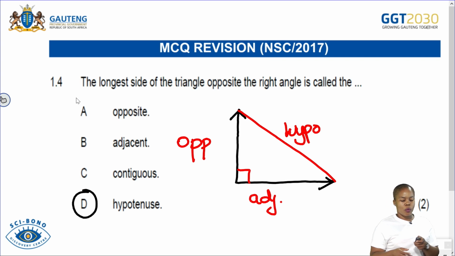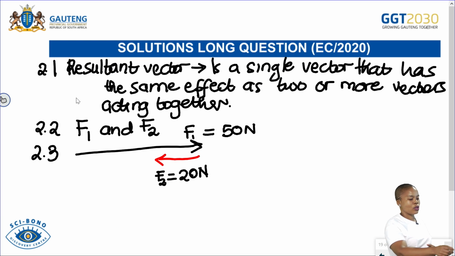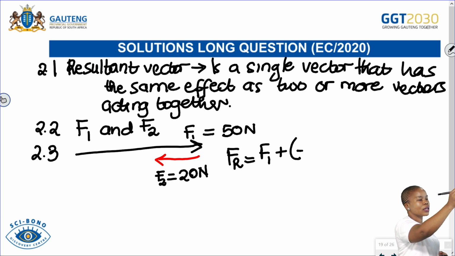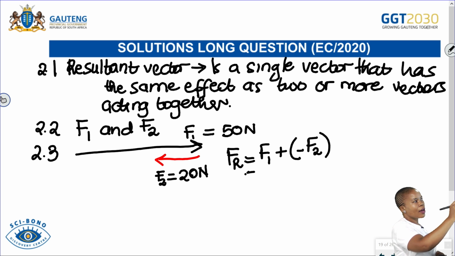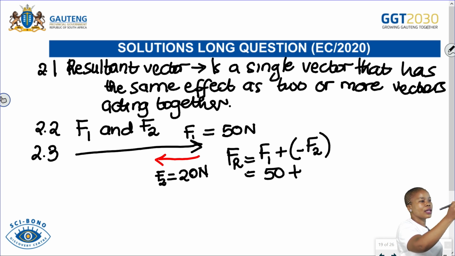So what is it that we're going to do? We need to find the sum of these two forces. So it's going to be Fr, taking east as positive, F1 plus negative F2. Our F1 is 50 newtons, and we take it as the positive direction, and then negative 20.